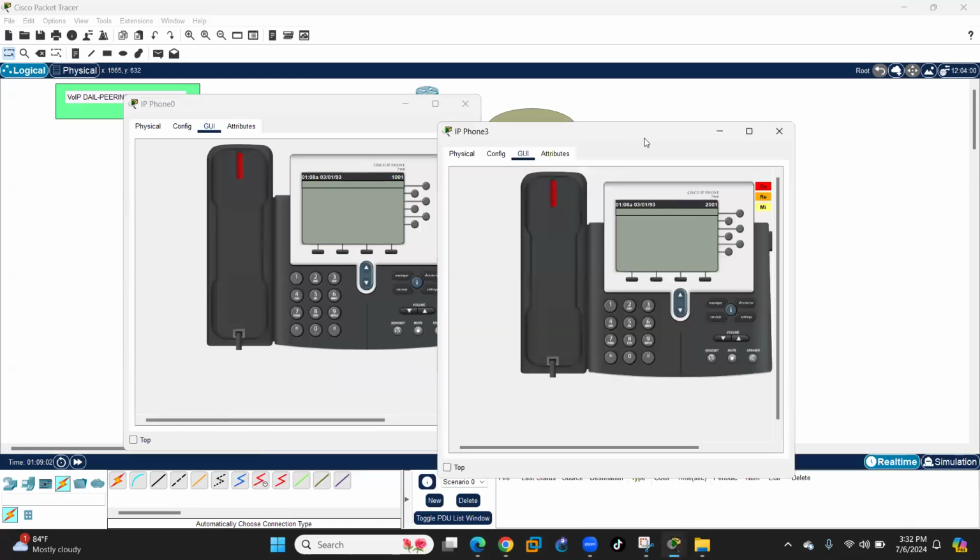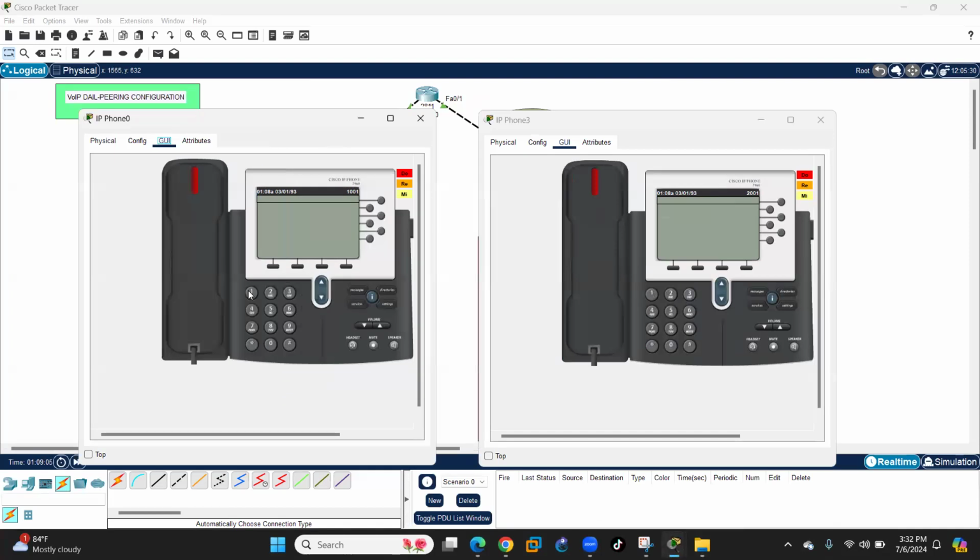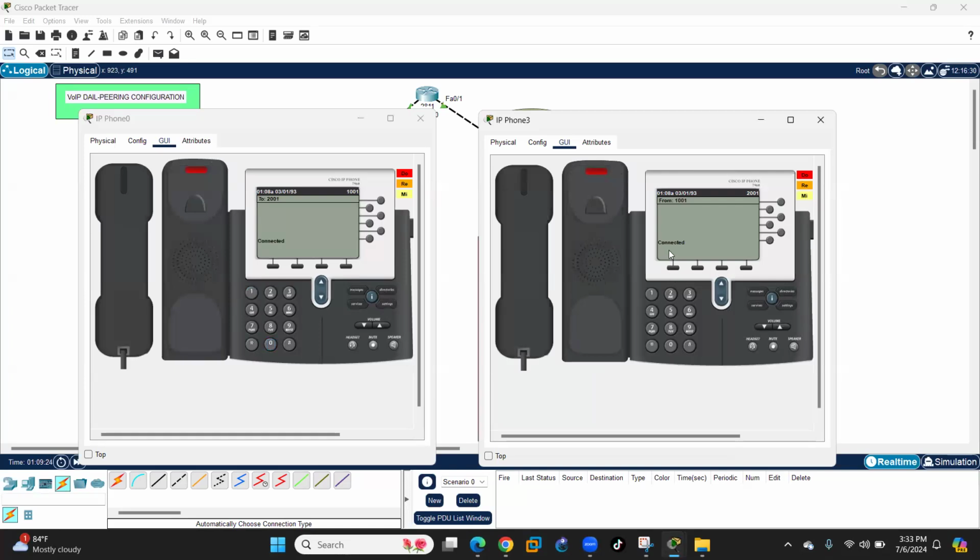Okay, this is 201, this is 202. So I'm going to try 2001. You can see from 101, you can see it's connected.